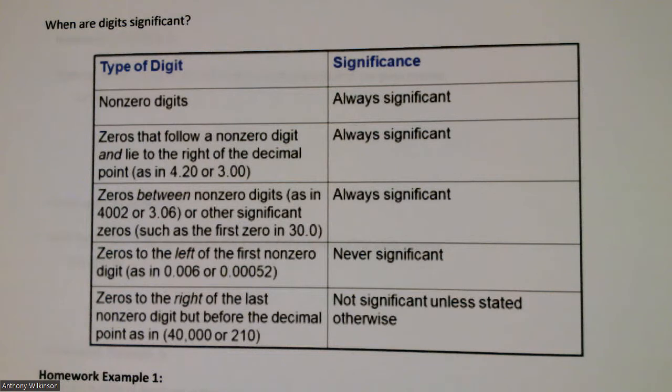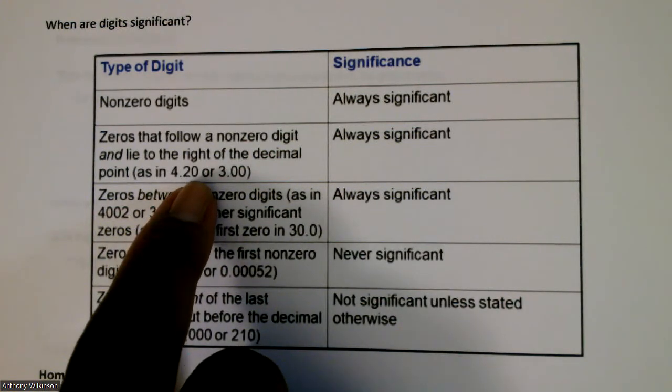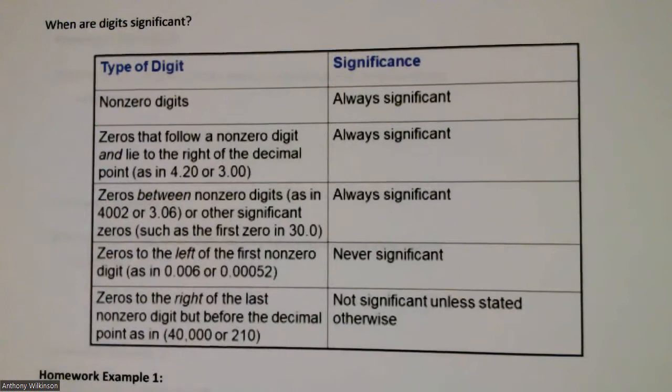Next, zeros that follow a non-zero digit and lie to the right of the decimal point are always significant. Like in 4.20, this zero is significant. And in 3.00, those two zeros are significant.